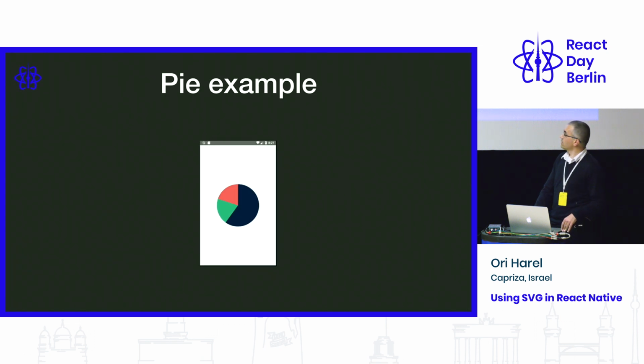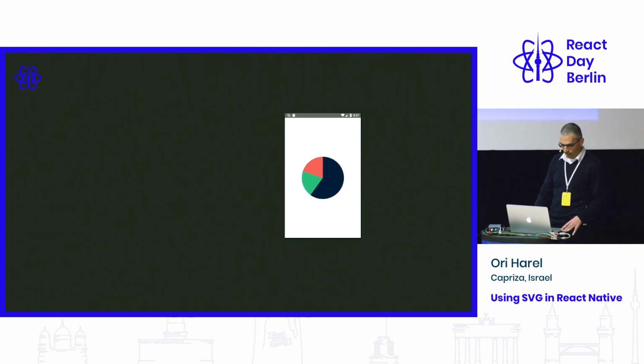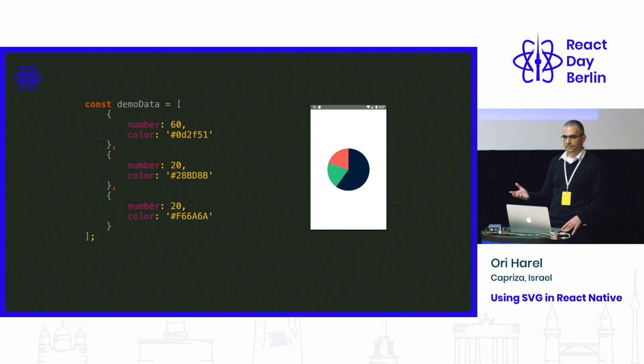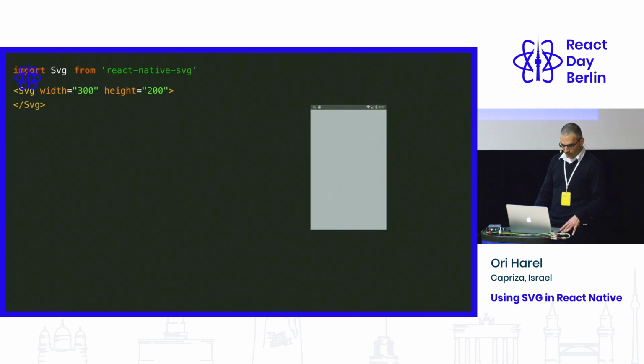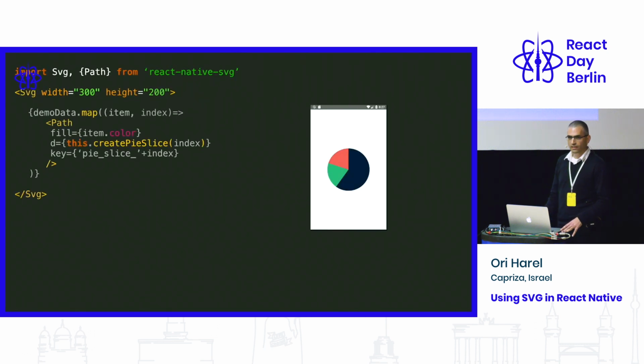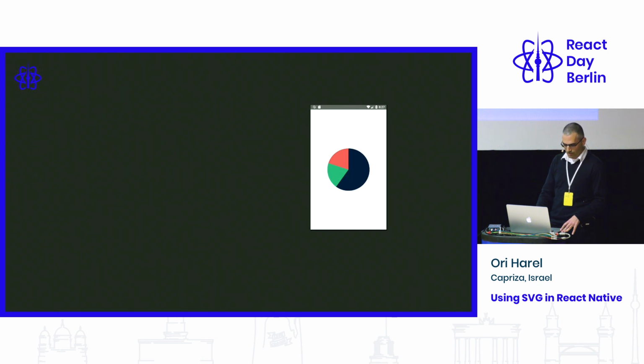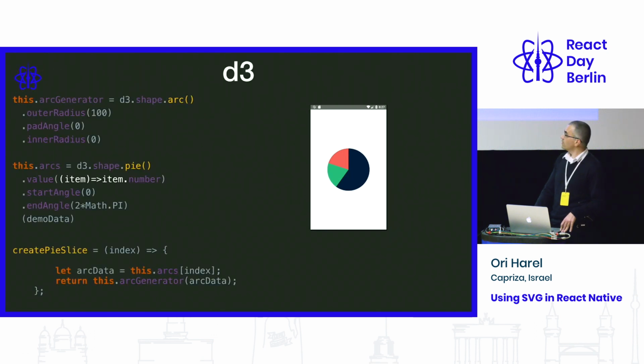Let's, for example, draw this pie in a React Native application. A pie is a series of data. Let's take a really simple example: an array with three items, and every item has a number and a color. For each item in the array, we render a path element from React Native SVG, and in the D attribute we populate it with a method that invokes D3 APIs.